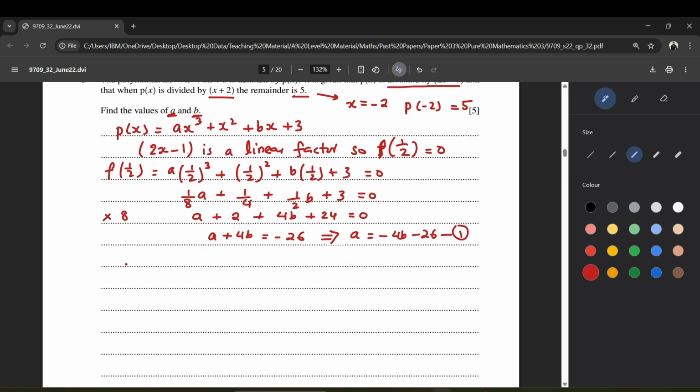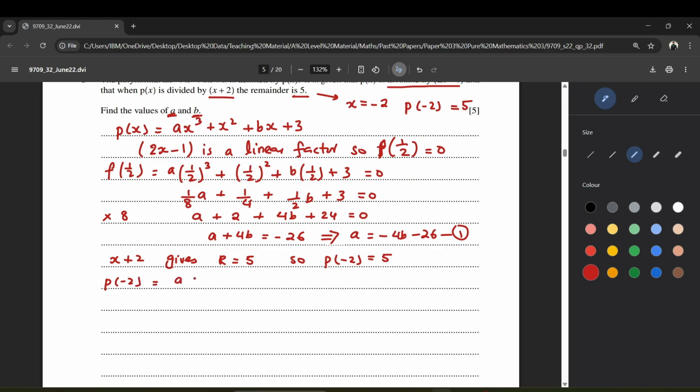All right. Now, from the second piece of information, we can say that x plus 2 gives a remainder equal to 5. So p of minus 2 is equal to 5. So first, let us substitute the value.